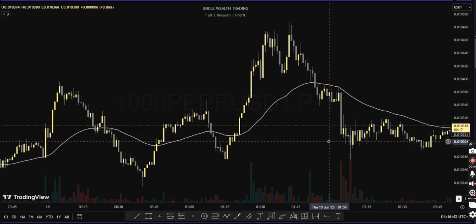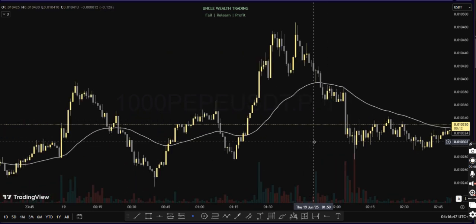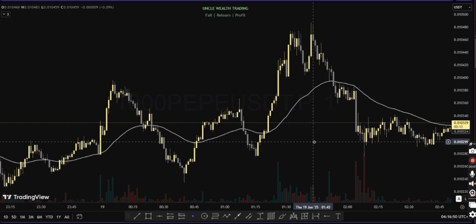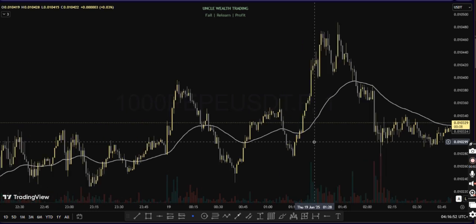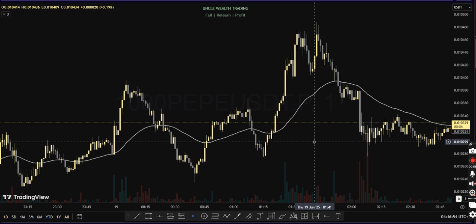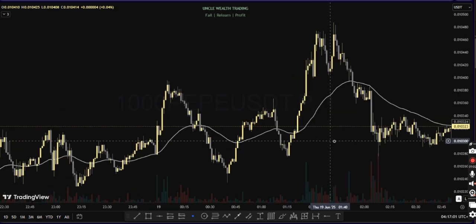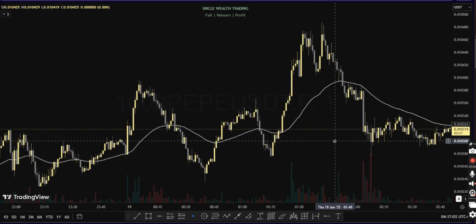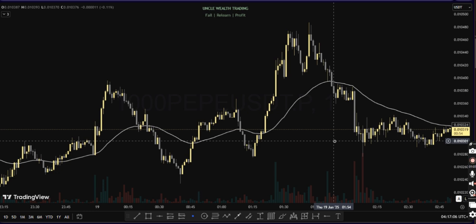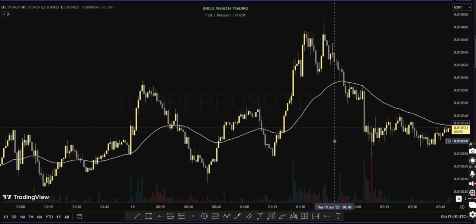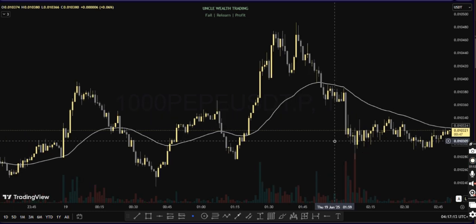Now, before we go further, what exactly is the EMA 50? Well, on this chart, what you're looking at is the 1000 Pepe USDT perpetual chart, and the EMA 50 is basically the exponential moving average that measures the average for the last 50 periods.